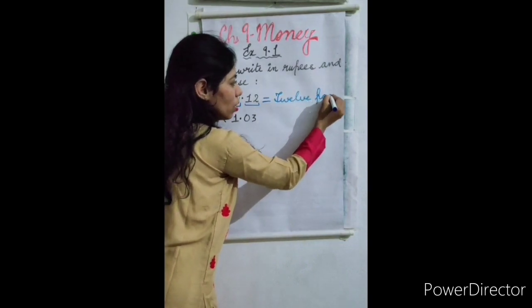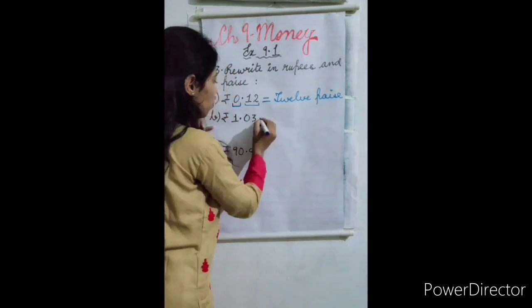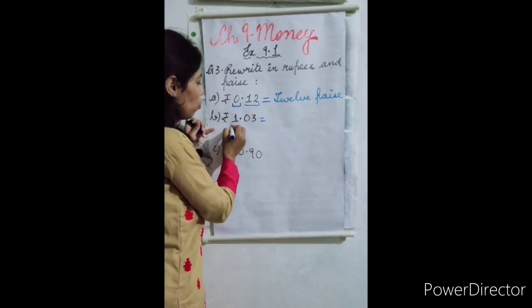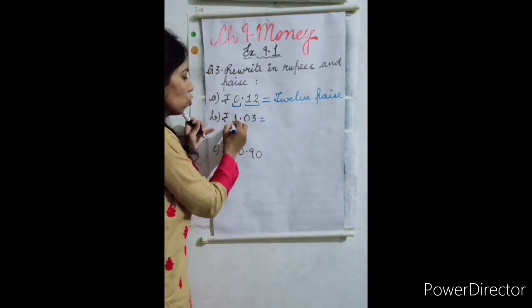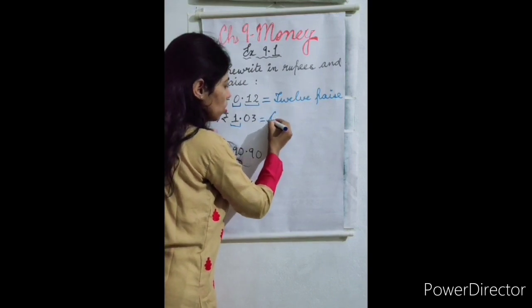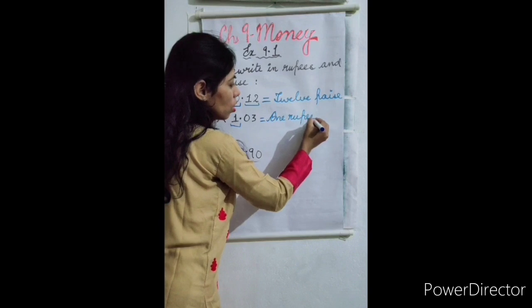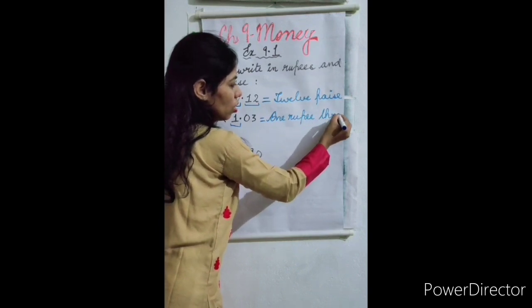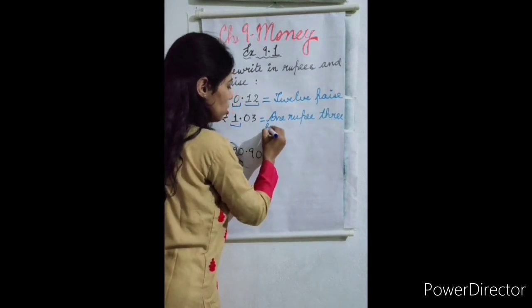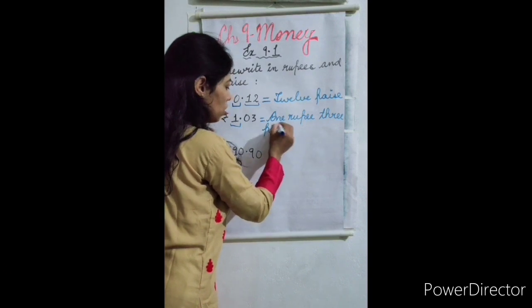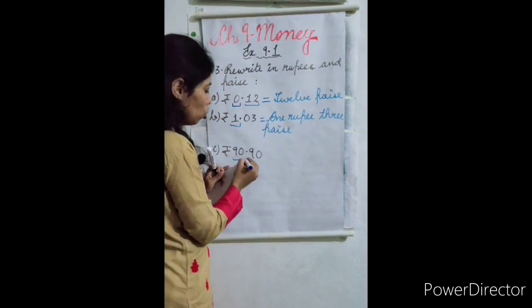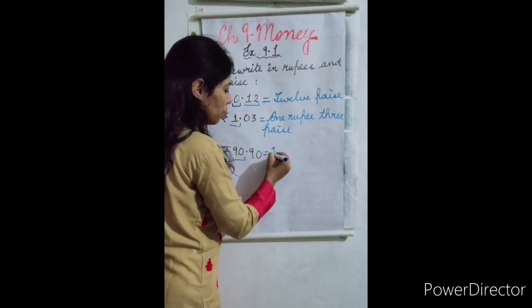Here before the decimal 1 is there, so 1 rupee, 3 paise. Here 90 rupee 90 paise.